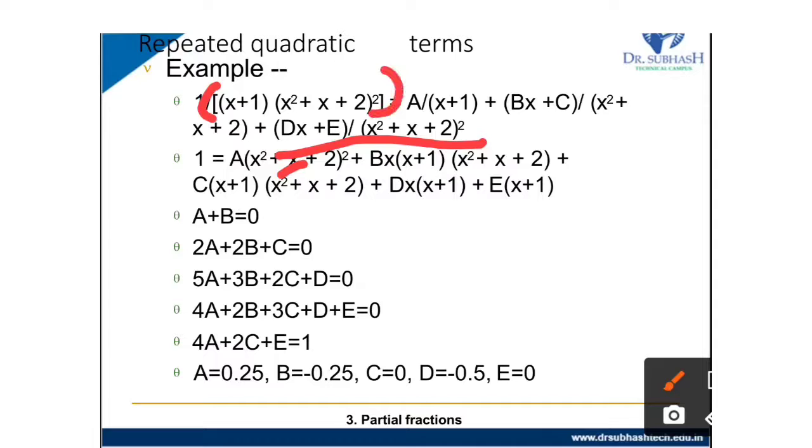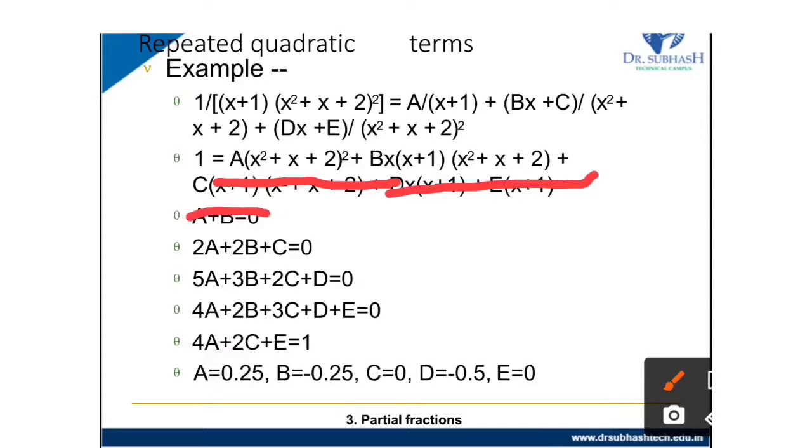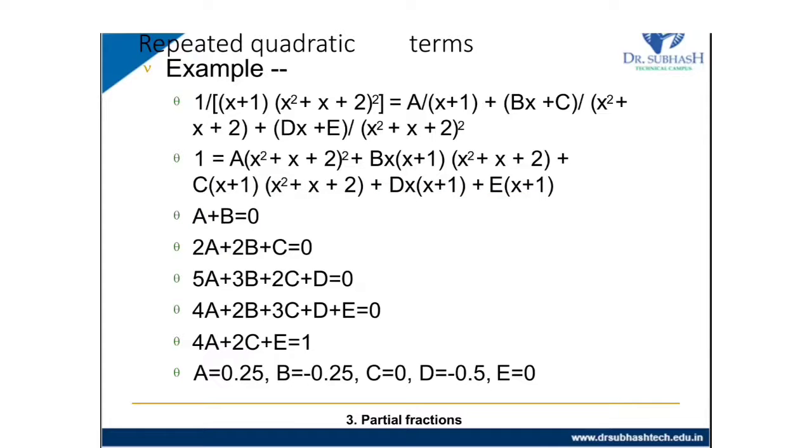This denominator multiplied with each and every term, so x square plus x plus 2 the whole square will be cancelled, dx plus e multiplied with x plus 1. Here we get a times x square plus x plus 2 the whole square, plus bx times x plus 1 times x square plus x plus 2, plus c times x plus 1 times x square plus x plus 2, then dx multiplied by x plus 1 and e multiplied by x plus 1.